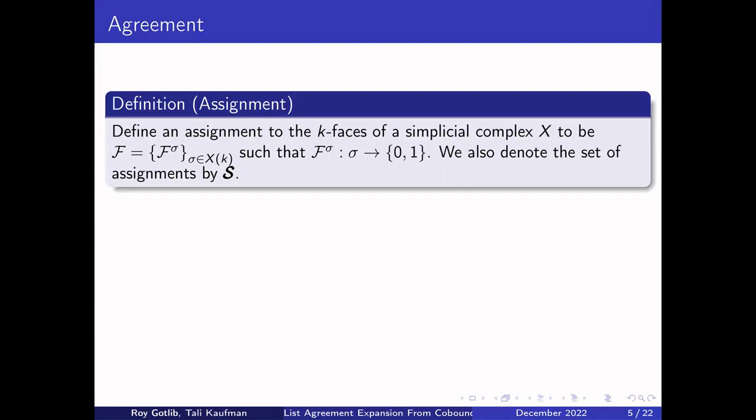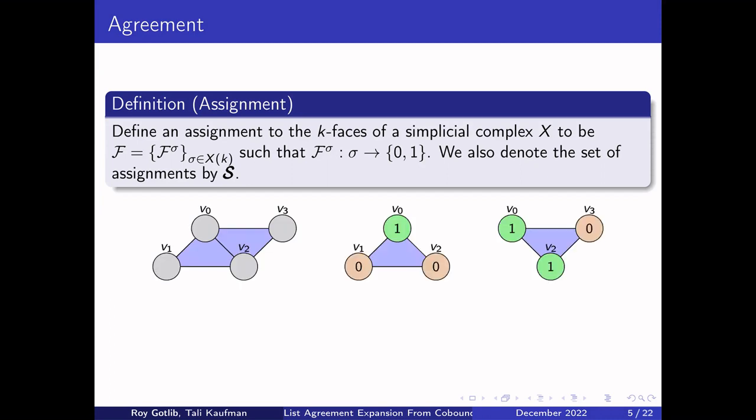We are now ready to talk about agreement testing, and the object we're going to test are assignments. An assignment to the k-faces of a simplicial complex is a collection of functions, one for each k-face, that assigns each one of its vertices with either 0 or 1. So for example, if we consider this simplicial complex, an assignment to the two faces of it could be this assignment.